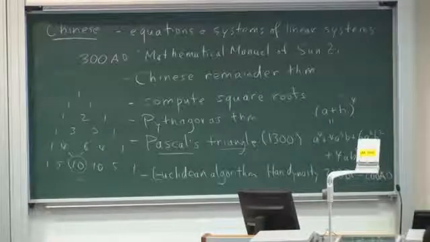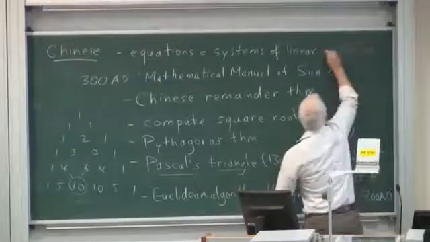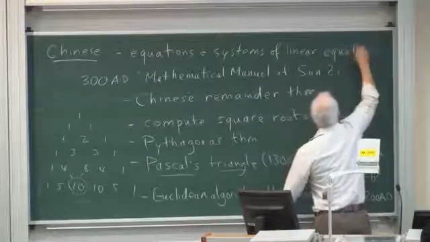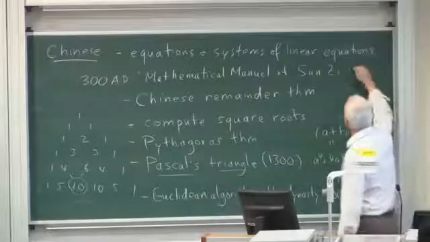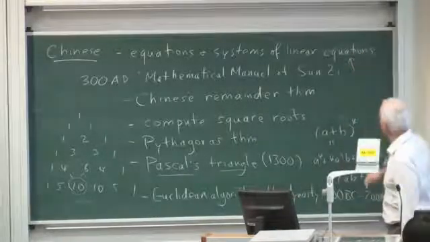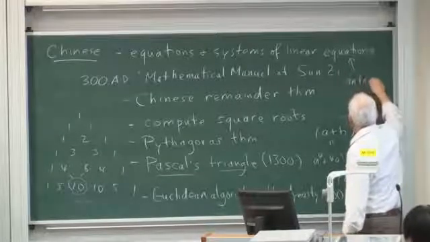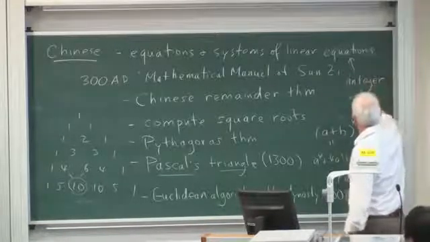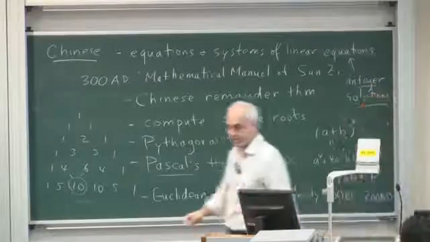So I want to talk a little bit about their work with systems of linear equations. And I suppose we should add here that they were interested in solutions in integers, as well as others.